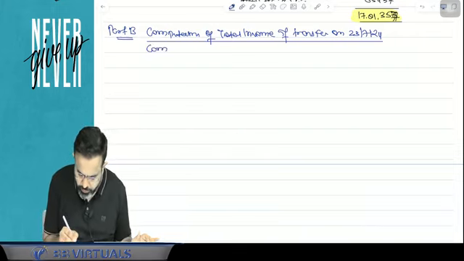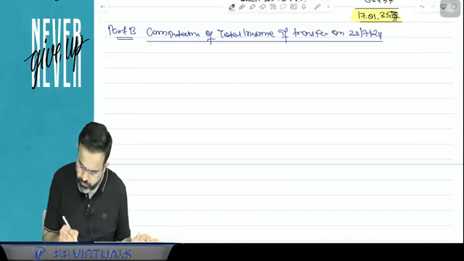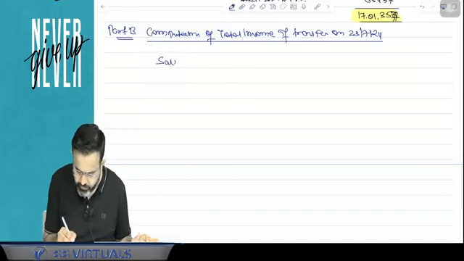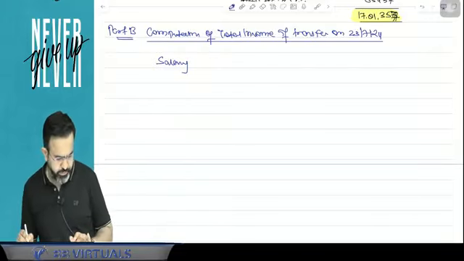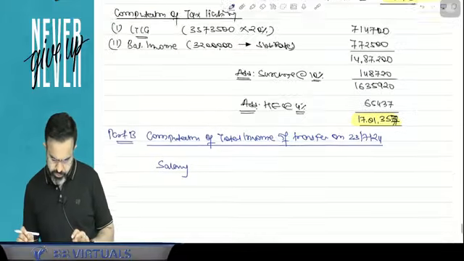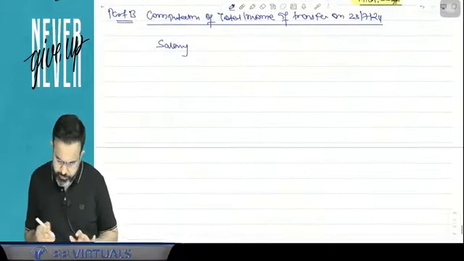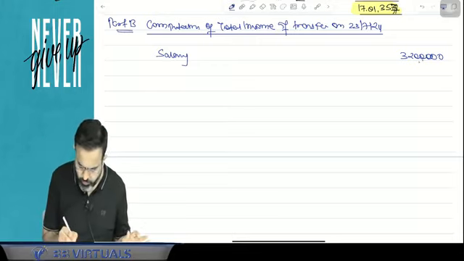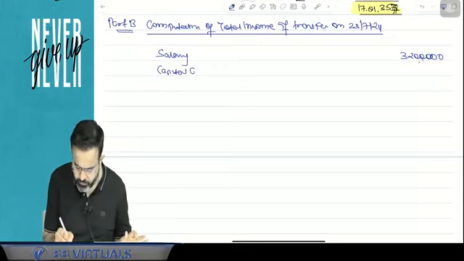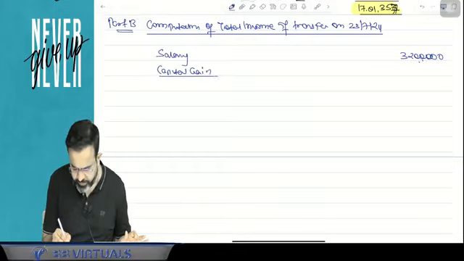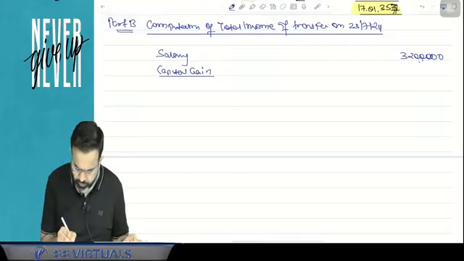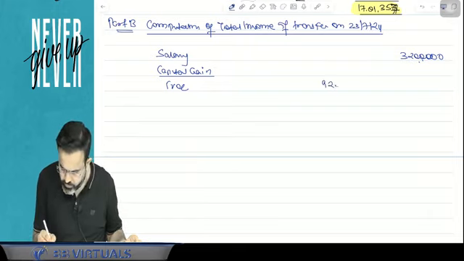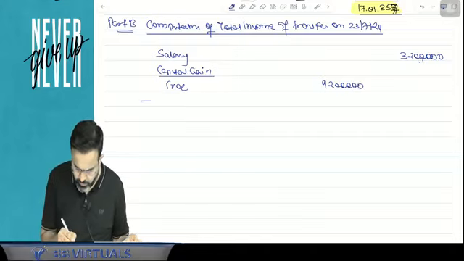So computation of total income. First is salary. Your salary is 32 lakh. Now capital gain, but indexation is not available here. So full value of consideration 92 lakh minus cost of acquisition.